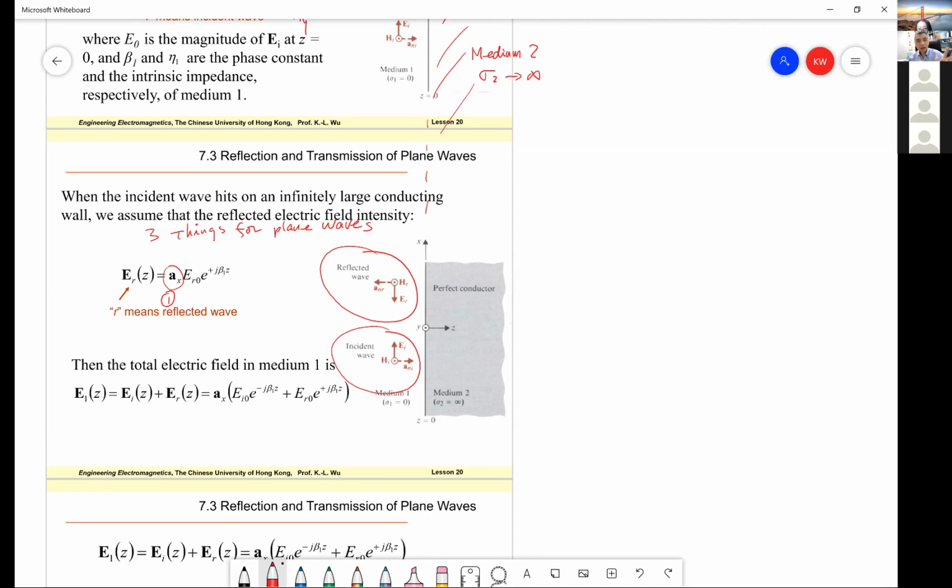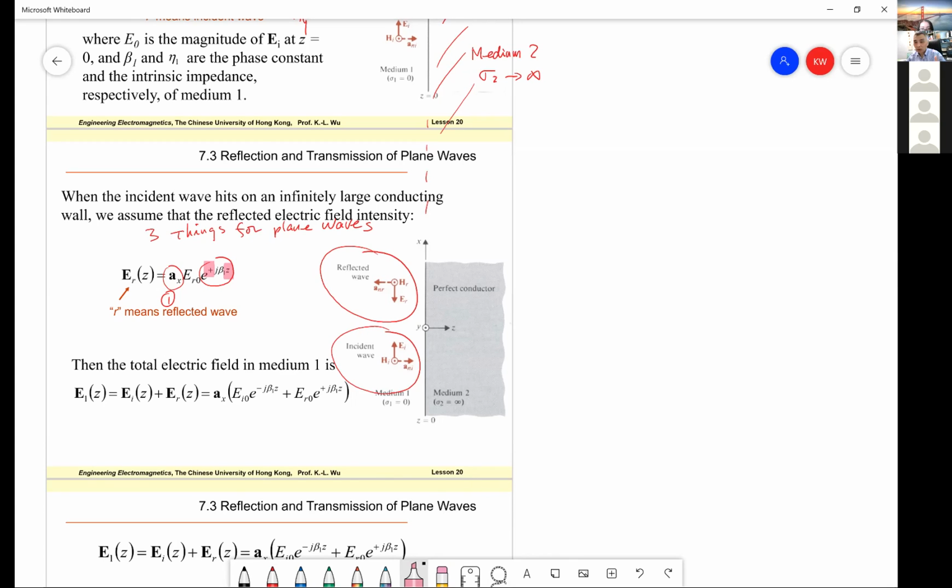Second, let's write the phase term. Because it is a reflected wave, it must propagate in the minus z direction. So I must have a positive sign. You agree, right? Positive sign, and z.